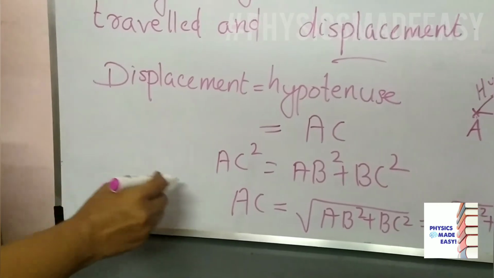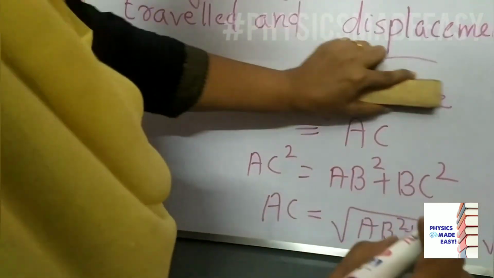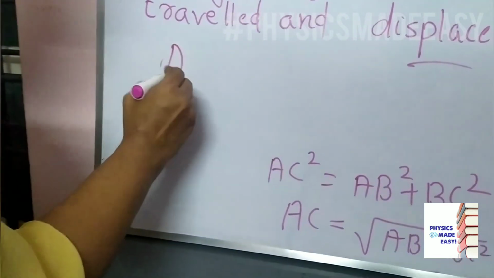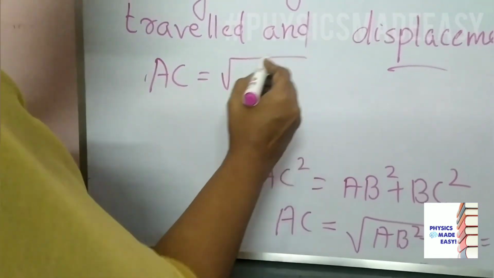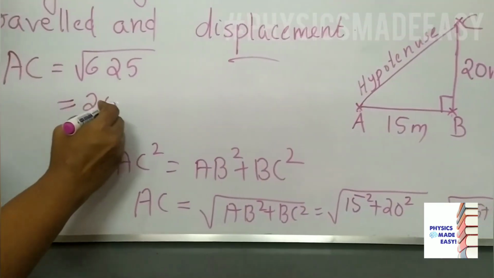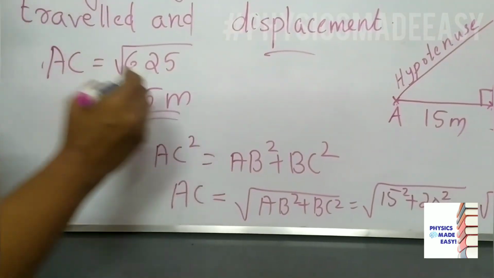Then here I am going to write that AC is equal to root of 625. 400 plus 225, 625. That is equal to 25 meter.